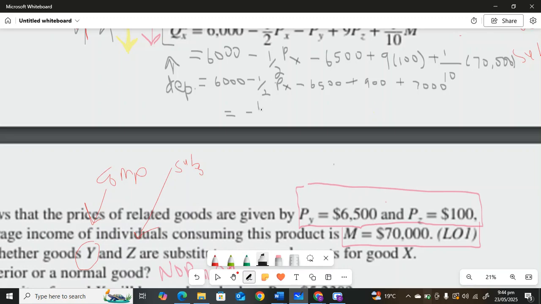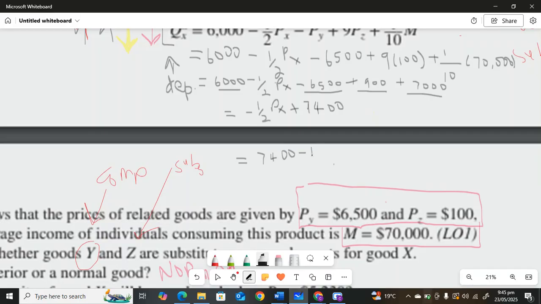So our demand function simplifies, and we can rearrange it to 7,400 minus half PX.